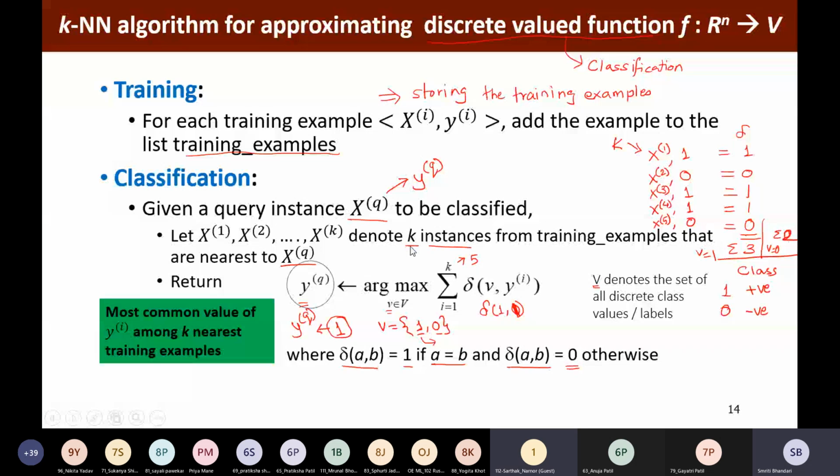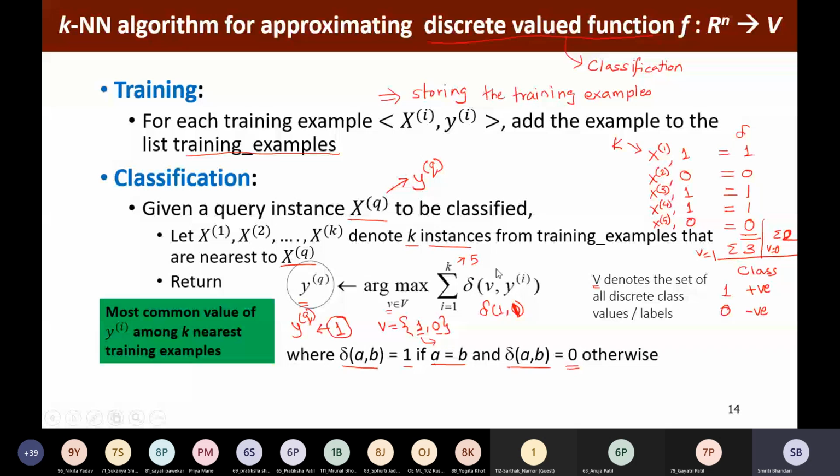And this is a different function that will help us find out whether the label of the identified sample is v. And what is this v? v is one of the class labels that we have. In our case, we assume that we have samples with 2 class labels, 1 and 0.